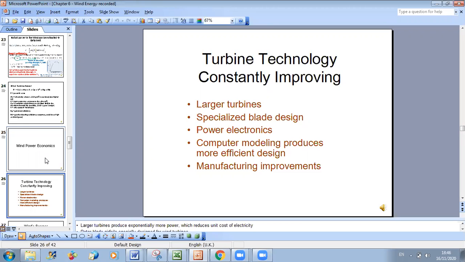This computer modeling system takes as inputs the wind velocity and the wind direction, and based on this it optimizes what the blade directions should be to extract the maximum power. So this requires advances in computer modeling technology. Plus, we have manufacturing improvements in the way of manufacturing the turbine components. As you can see, we have a lot of fields that are involved in the turbine technology.